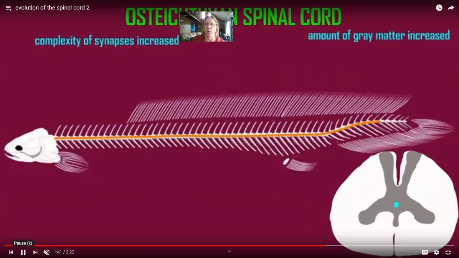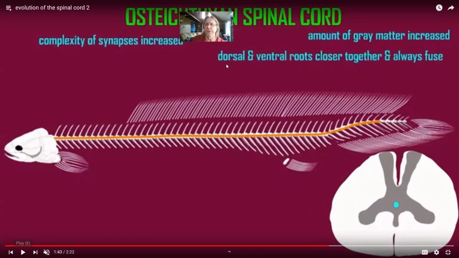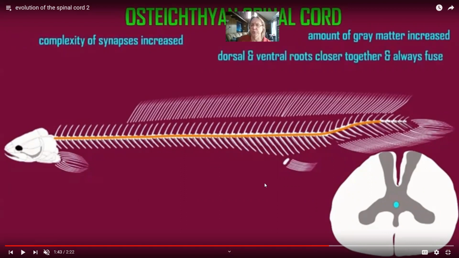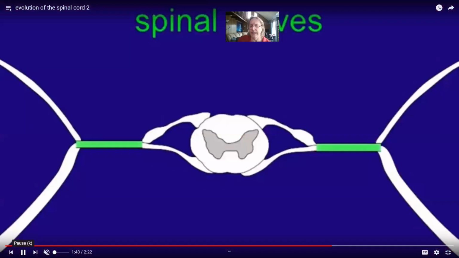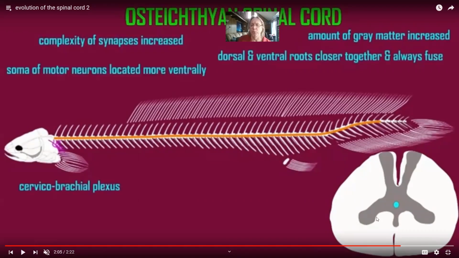When we look at the first bony fish, there are more similarities. The amount of gray matter increases. The dorsal and ventral roots are closer together and always fuse, which is not always the case in sharks. The complexity of synapses increases. The soma of the motor neurons are located more ventrally.